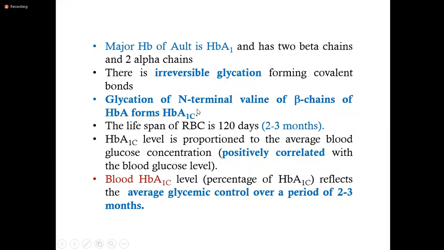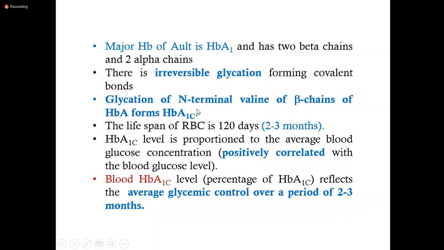There is irreversible glycation of beta chains forming covalent bonds. This glycation happens at the N-terminal valine of beta chains of hemoglobin A. You have to remember that, the N-terminal valine of beta chains. That is covalent bonding, and that is an irreversible but non-enzymatic reaction.